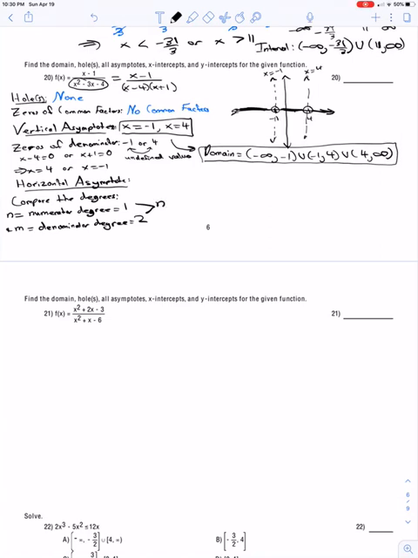So as we compare these, we have n being less than m. So if n is less than m, that implies a horizontal asymptote exists. And it exists at the line y equal to 0. Anytime n is less than m, your x-axis is going to be a horizontal asymptote.